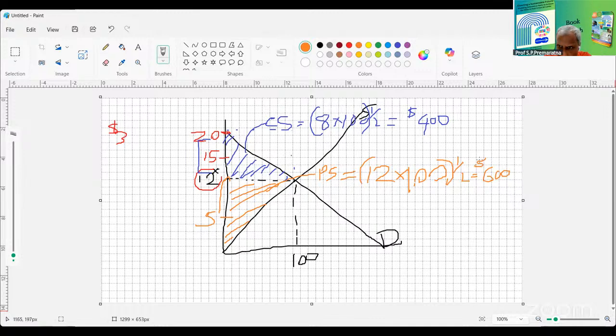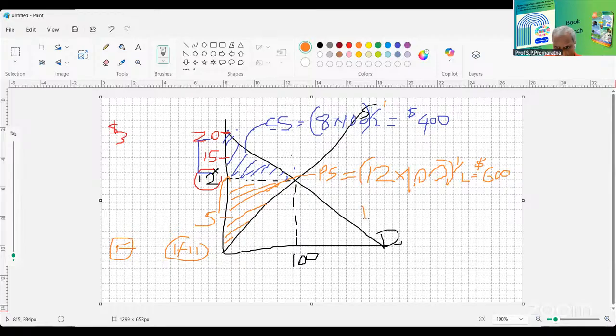producer surplus. These two together, as we discussed last time, the society has two parties. One is the household, the other side is the firm. Now the producer surplus and the consumer surplus together, if you name it, is the entire social welfare.